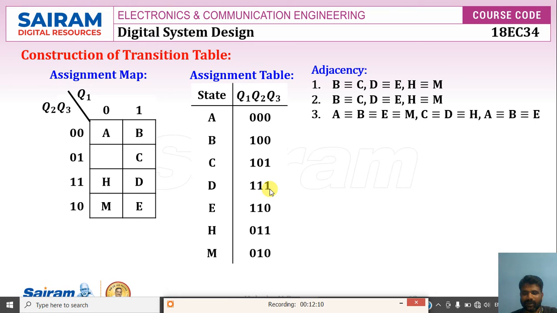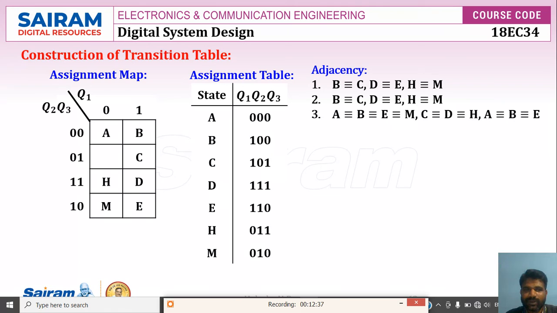Clear now? Next, for E, 1, 1, 0. And for H, 0, 1, 1. For M, 0, 1, 0. And this is unused, that means 0, 0, 1 is unused.